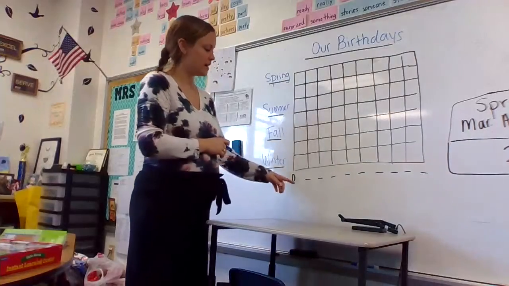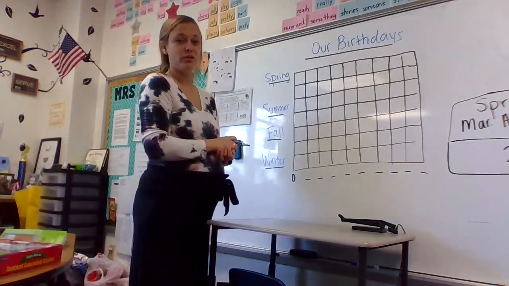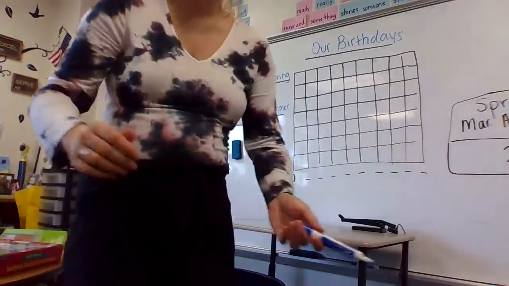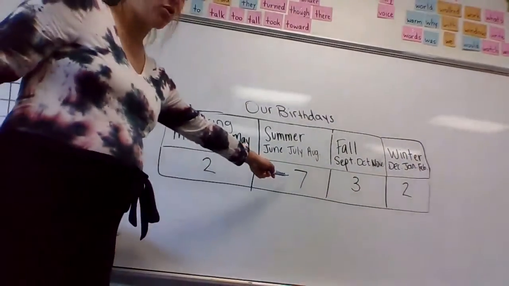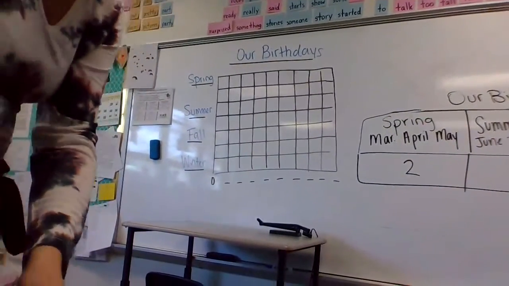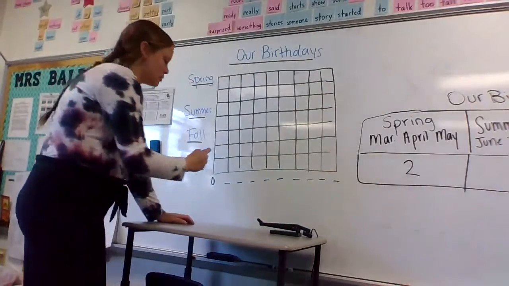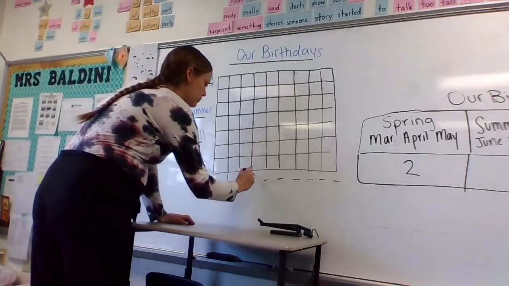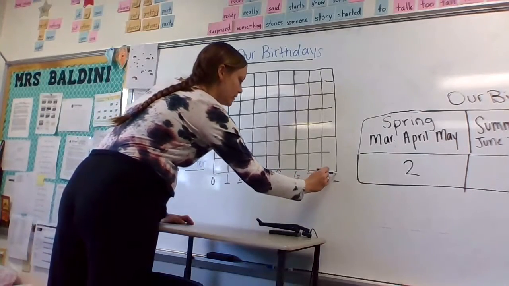Okay? And then down here, we're just going to count by ones because we only have 14 total students, and the highest number that we have to record is 7. So our lines only have to go up to a 7 at least. So we'll just put 1, 2, 3, 4, 5, 6, 7, 8, 9.